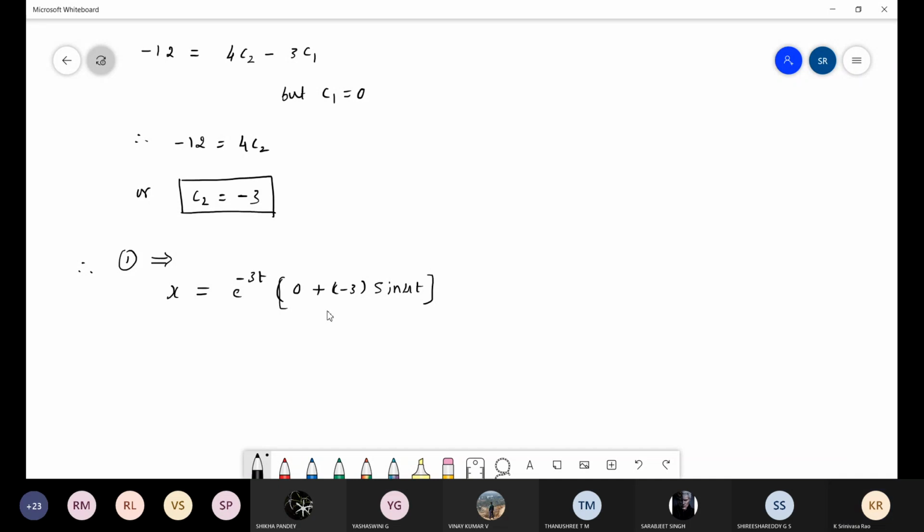Finally, x equals minus 3 times e power minus 3t into sin 4t. That's it. This is the final solution with respect to the given conditions.